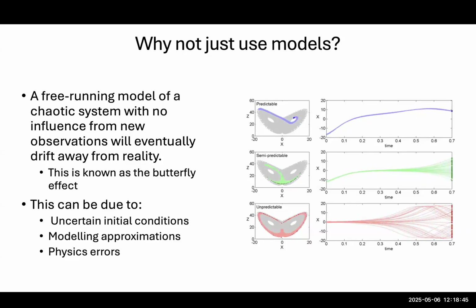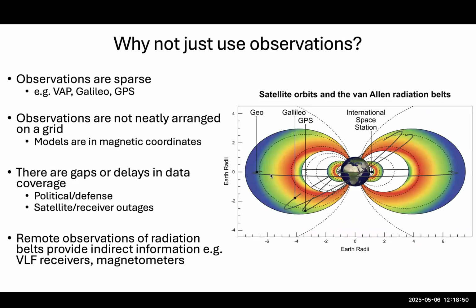So then the obvious question is, why don't we just use the observations? Well, quite simply, they're not always where we want them to be. They're sparse. For the radiation belts, we only have a handful of satellites that can measure electron flux directly for an area of 16 Earth radii squared, say.